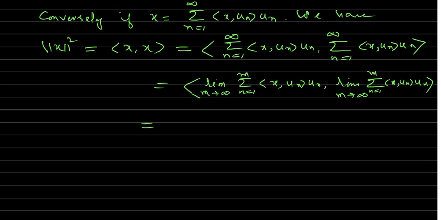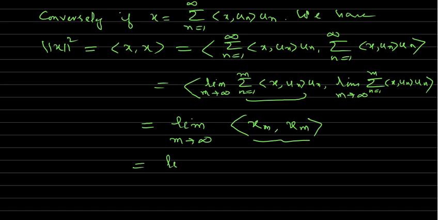इस लिमिट को बाहर निकाल सकते बिकॉज इनर प्रोडक्ट इज कंटिन्यूअस with respect to this limit operation, its limit m approach to infinity, then this will be, what's this actually? This xm, and this you have seen, it's a summation m approaches to infinity.